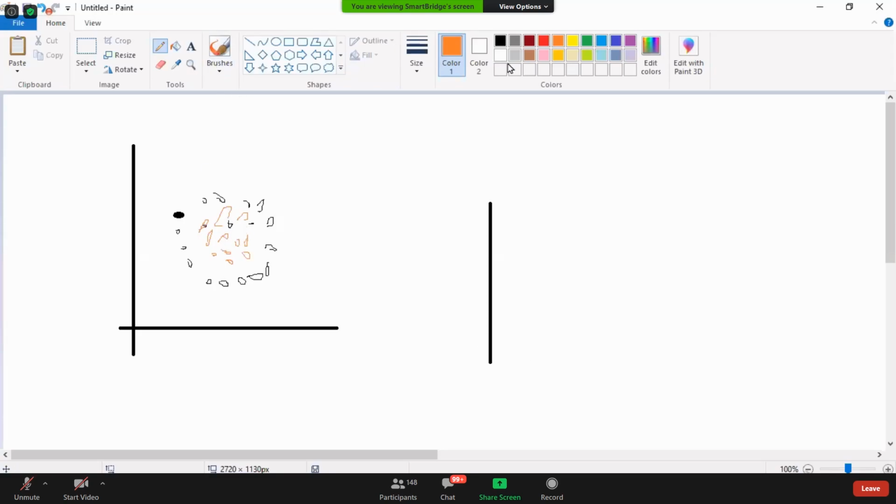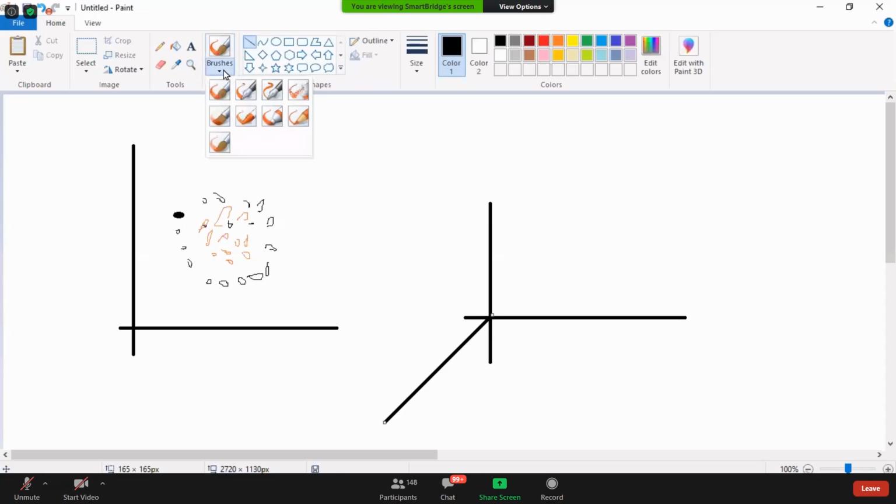How can I separate it? I can separate it whenever I move the data to higher dimensions. So this is two-dimensional data. Now what I do, I just create another dimension and I shift these black points, or red points, downwards.